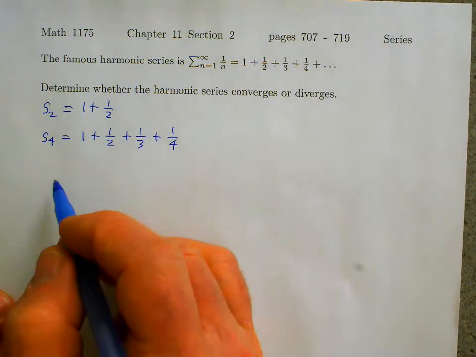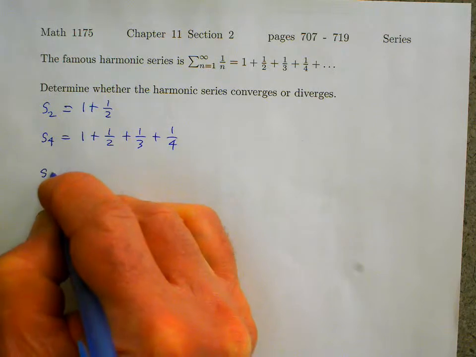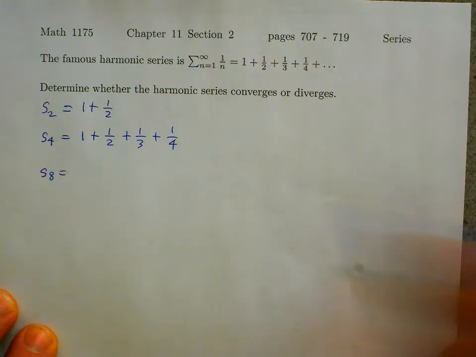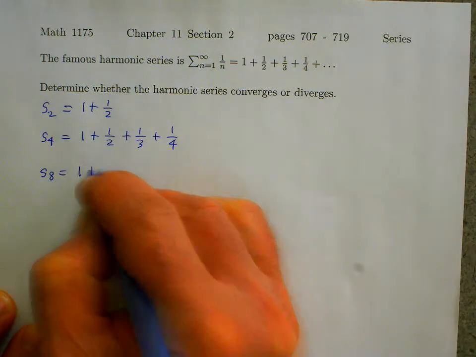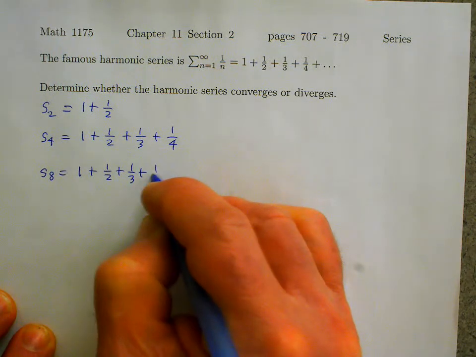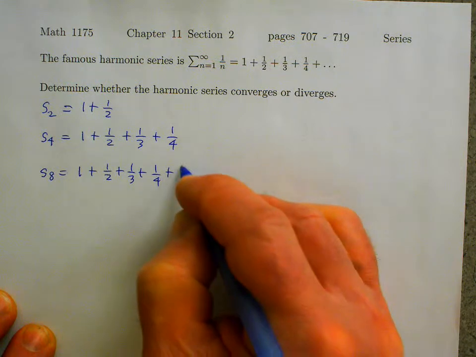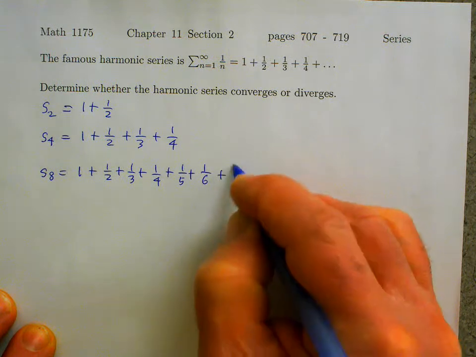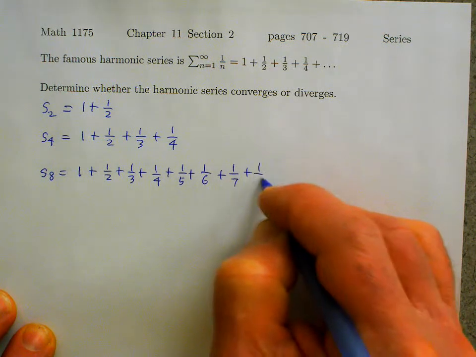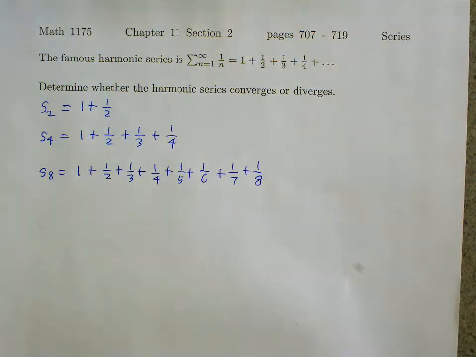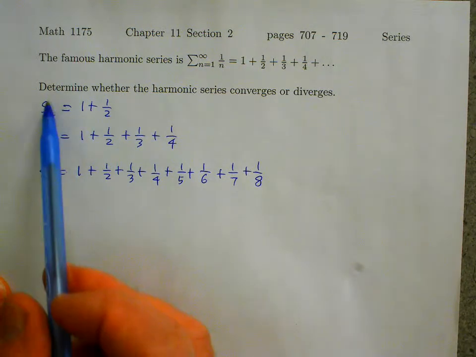Then I'm going to jump all the way to S sub 8, the sum of the first 8 terms. So this is 1 plus 1/2 plus 1/3 plus 1/4 plus 1/5 plus 1/6 plus 1/7 plus 1/8. It gets to be kind of tedious after a while, but I've chosen these for a reason.